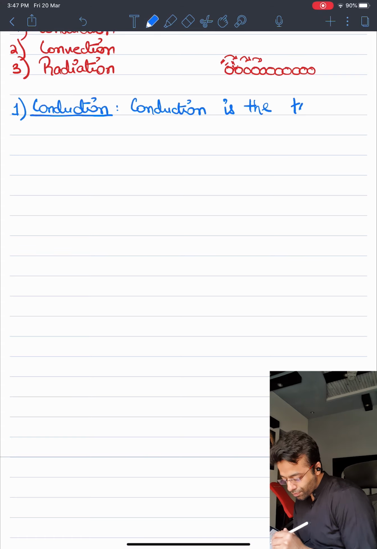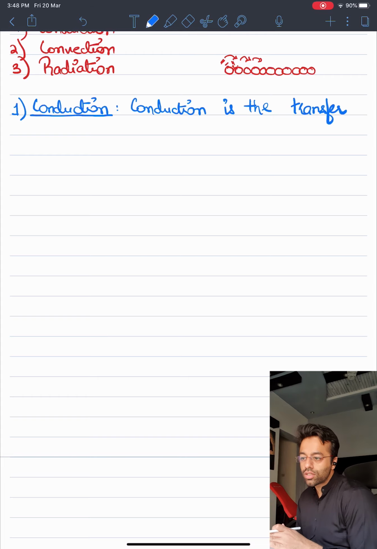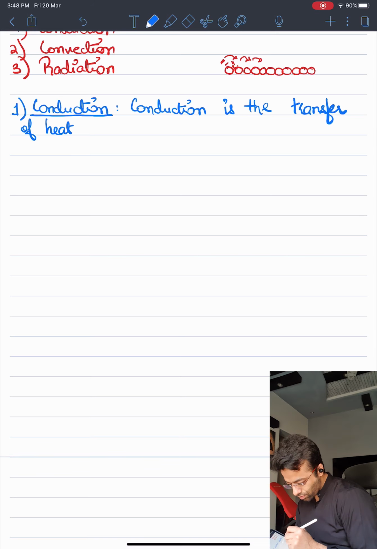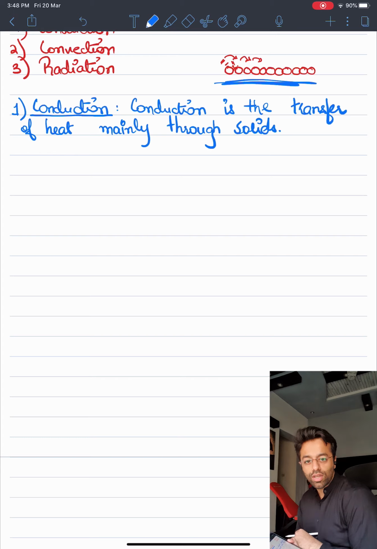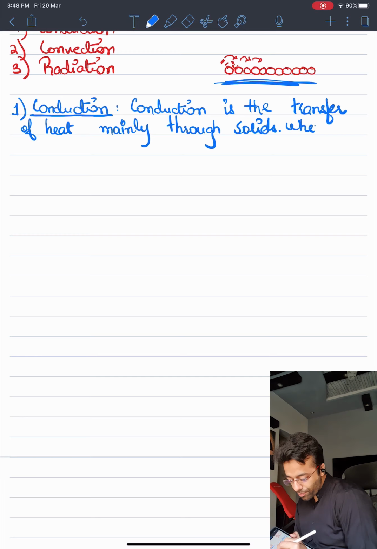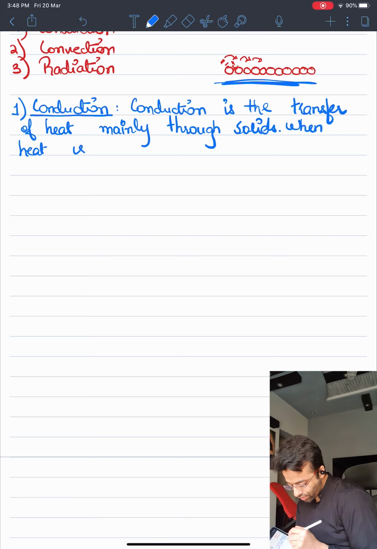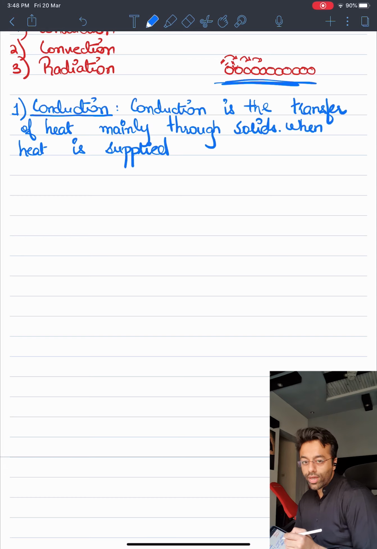Anyways, conduction is the transfer of heat mainly through solids, as I talked about, that since solids have molecules tightly packed together, conduction is mainly seen in solids.